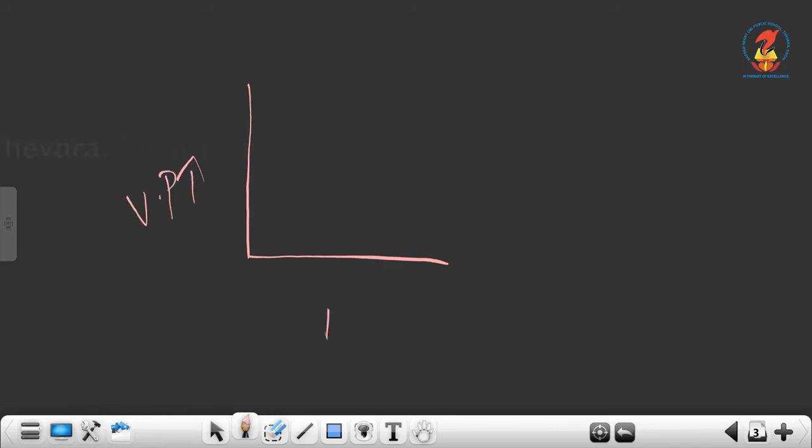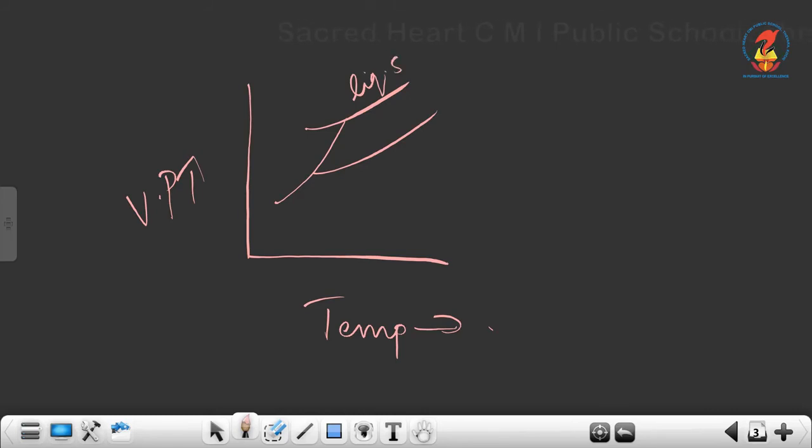Again the graph is plotted between vapor pressure and temperature. Now this is our liquid solvent, and this is the solution, and this is the frozen solvent.